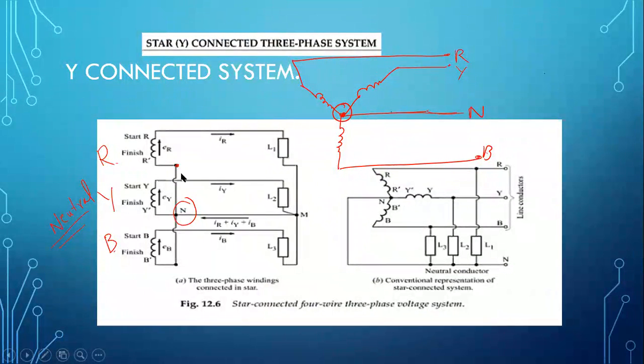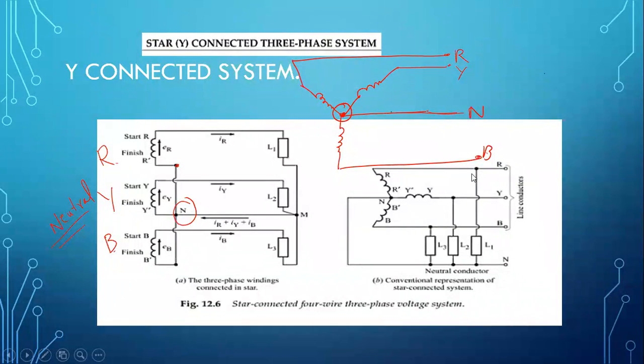What they have done, they have used a common point N, this one neutral, and they have connected all R dash, Y dash, and B dash at the same point. So the remaining points are R, Y, and B now. We can take wires from them. So you can see here this wire, this Y, and this B. And we'll also draw a wire from neutral.